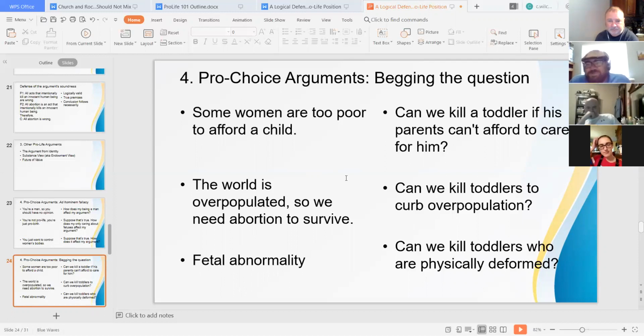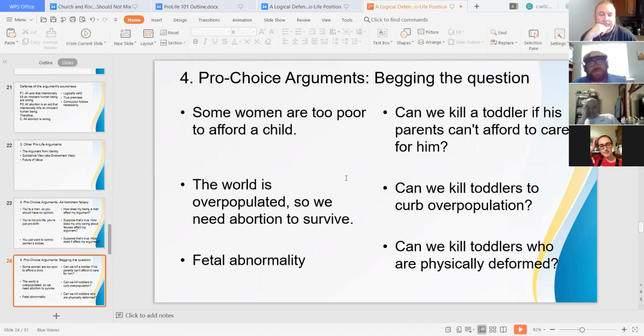So again, not an exhaustive list, but the next most common one you're liable to hear is the petitio principii fallacy, and I may not be pronouncing that correctly, but it's just the Latin term for begging the question. And you beg the question when you assume what you're trying to prove. If you smuggle your conclusion into your premises, you're begging the question because you haven't actually defended what you're trying to prove.